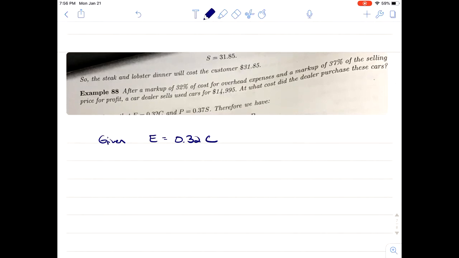If I asked you to solve for the markup, I'm asking for the total of the overhead and the profit. But here, when it says a markup, it's just saying it jacked up the price by this much for this portion and this much for this portion. So it's just how we word things. It can be confusing, but just look at it: 32% of the cost for overhead expenses and 37% of the selling price for the profit.